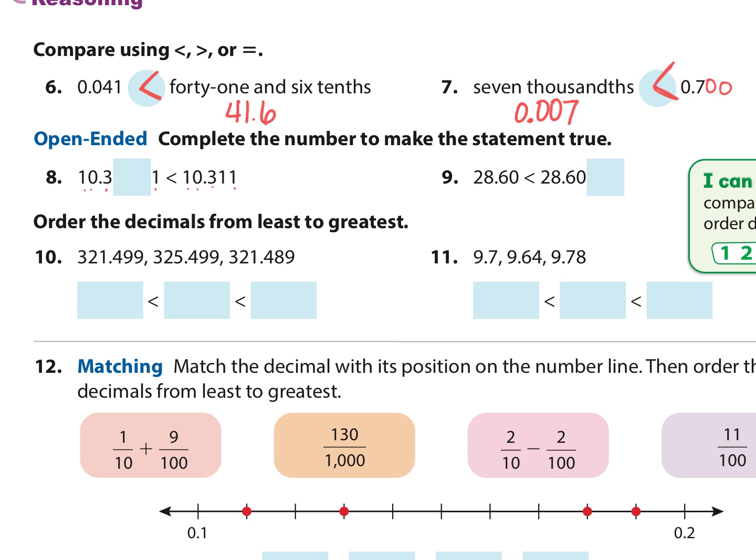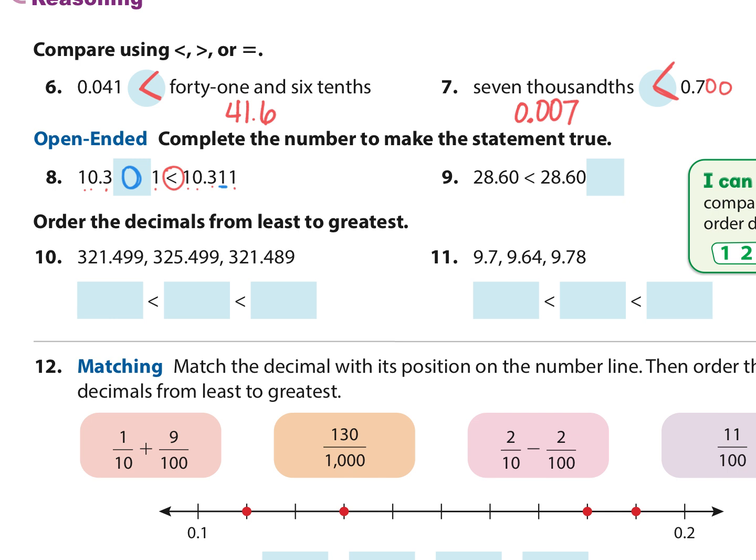So I need to put a digit in between the 3 and the 1 that is less than, because of this symbol right here, the 1 in this place. So what number is less than 1? 0. This has to be 0. It can only be 0. Nothing else will work. Nothing else is smaller than 1 that I could plug in there.